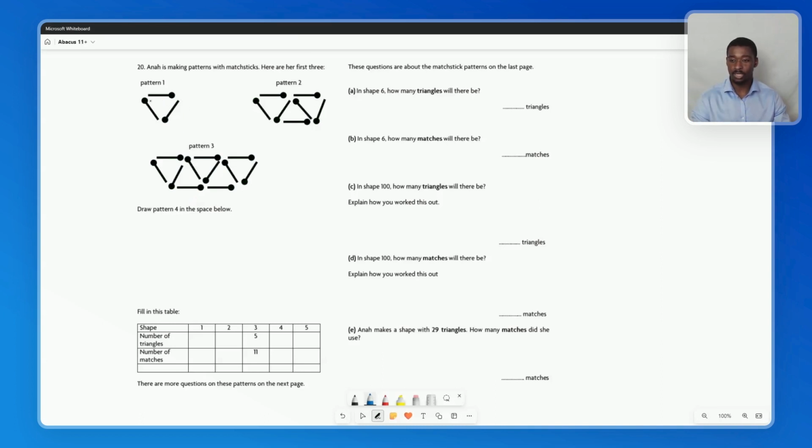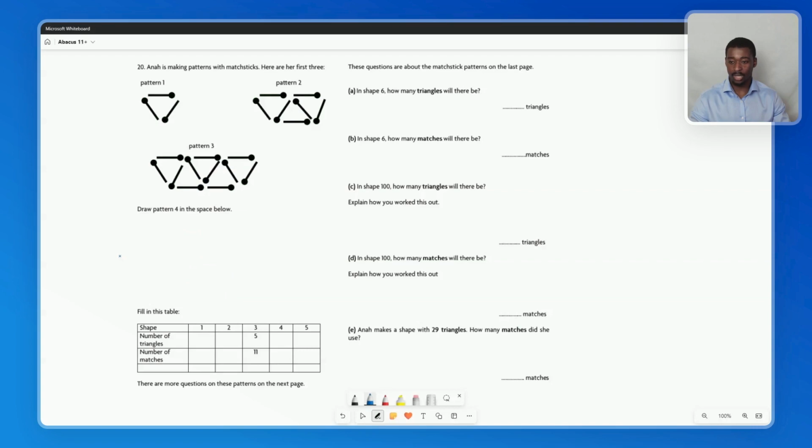Well, it seems to be triangles that she's making with these matchsticks. And every single time we go up a pattern by 1, we're adding on 2 triangles. So 1 triangle here, 3 triangles here, 5 triangles here. So really we should be expecting 7 triangles for our pattern, pattern number 4.